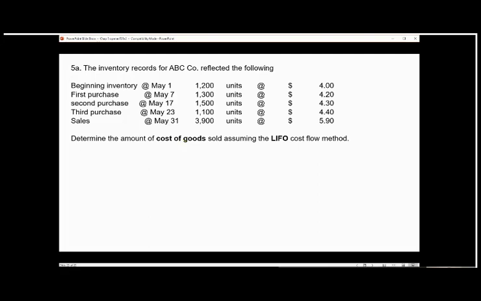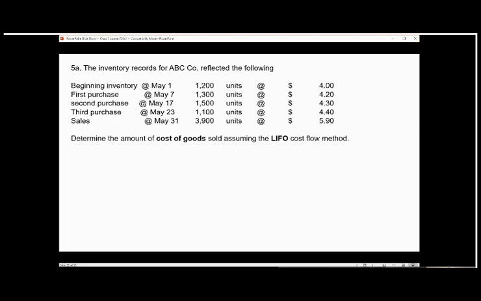So under LIFO, if we sold 3,900 units, okay, keep up with me here now. If we sold 3,900 units under LIFO, the last thing in is the first thing out the door. So how many of these 1,100 units did we sell?